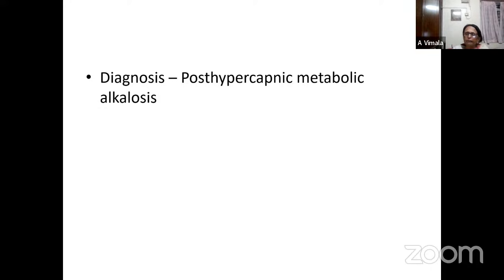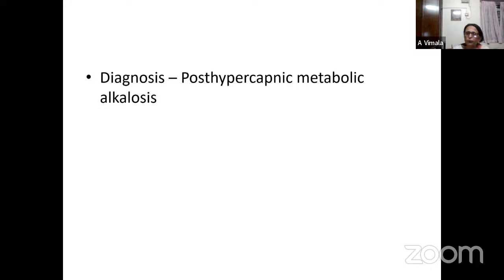So when the kidney has realized the PCO2 is 72, within 48 hours it will try to reabsorb and regenerate bicarbonate, and try to bring the pH back to normal. But suddenly, because the pH is low, you want to correct the respiratory acidosis, you are drastically ventilating and bringing down the PCO2. But the kidney takes time to recognize that the PCO2 is low and that it should cut down its bicarbonate.